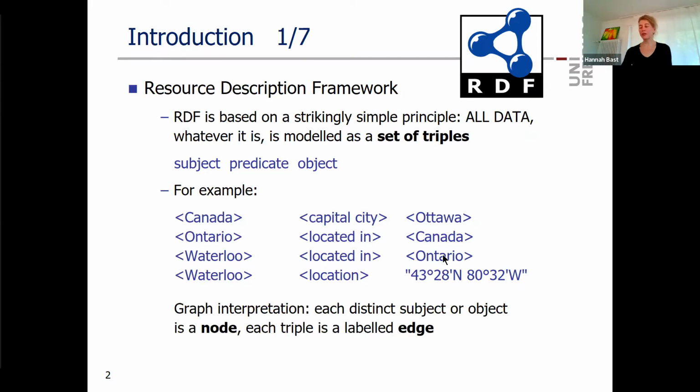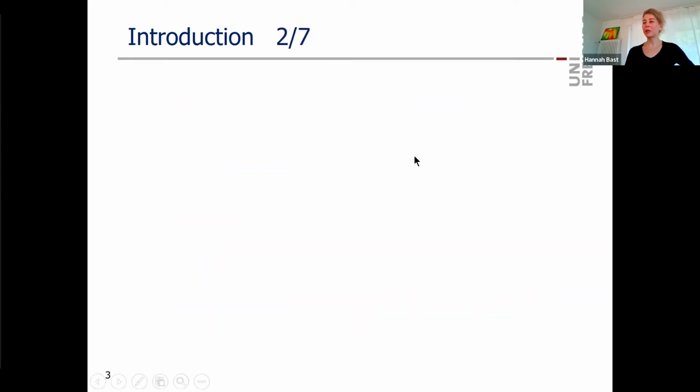You can also think of this as a graph. So if each thing on the left or the right is a node and the things in the middle are labels on the edges, that's why you have this symbol for RDF here. Can you see my mouse pointer when I'm pointing at something? That's great. So it's the number 3 and also the graph is in the symbol.